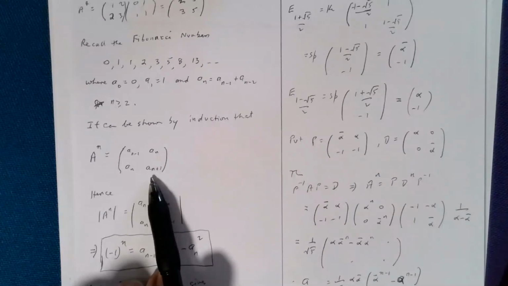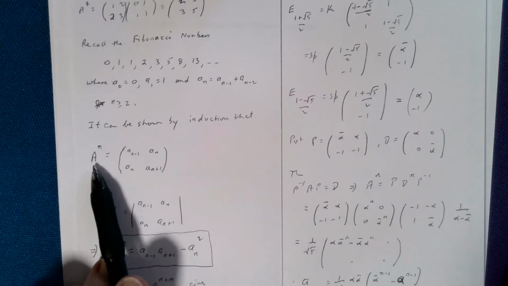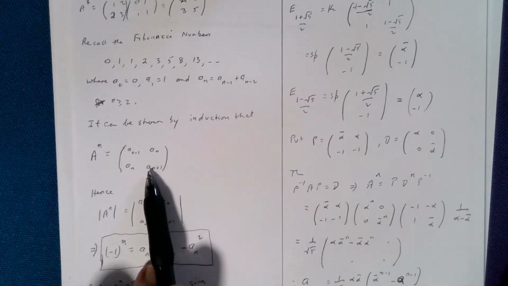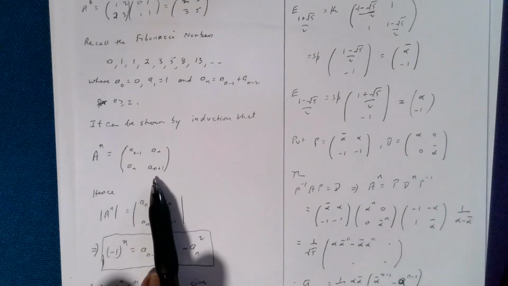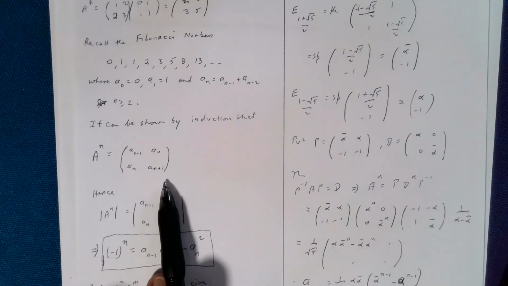And that's a fairly easy induction to prove. For the inductive step, you simply look at A to the n times A, and when you multiply it out, you'll see you get the next terms in the sequence, and all is well. So it can be easily shown by induction that this is true.